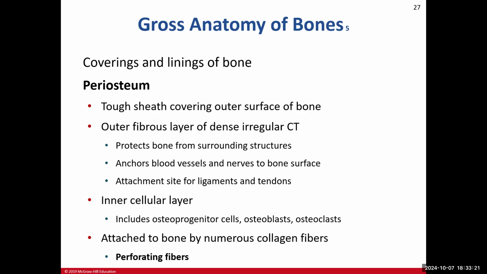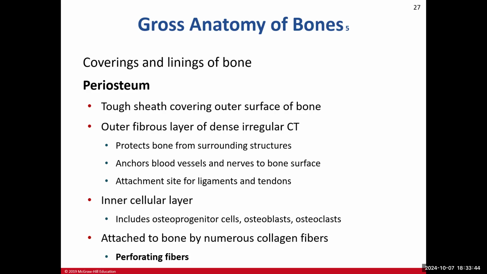You're going to see tendons and ligaments, and you're going to see blood vessels anchored to it. So it's a good attachment site there. And then deep to that, we have what we call the intercellular layer. The name of that layer tells you exactly what we're going to find. One, it's internal to the fibrous layer, and two, cellular. So we're going to see cells in there. We'll talk about the different cells there.